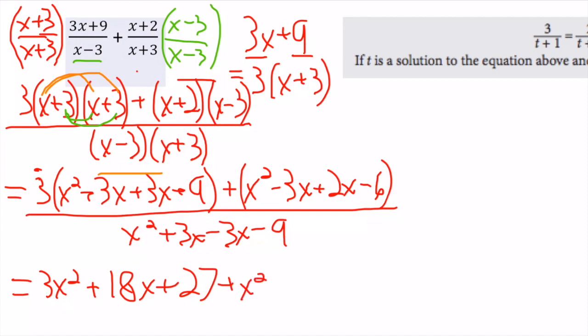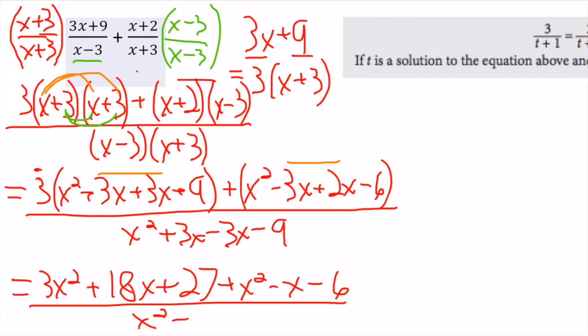And then I'll just rewrite the second part here. Again, I'll combine these two together, just collecting like terms. That gives me negative x minus 6. Again, that is all over the bottom here. So the bottom just simplifies to this.